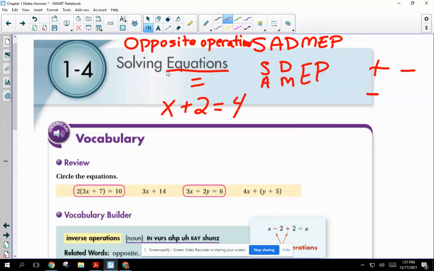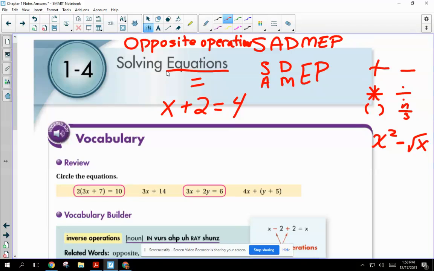Multiplication is the opposite of division. Multiplication looks like parentheses and division looks like a fraction, like n divided by 3. We also have the opposites x squared and the square root of x, which we won't do much until another couple chapters.